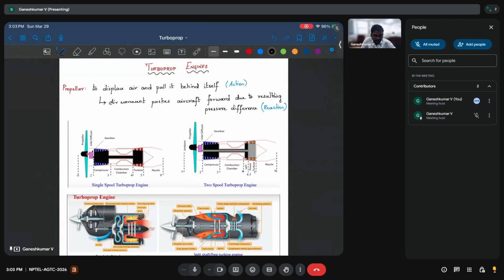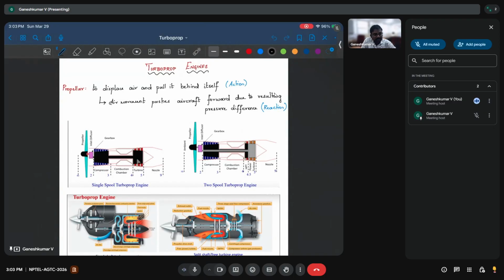Typically you have a single spool turboprop engine or a dual spool turboprop engine. In a single spool, as the name says, you have the turbine, compressor, and the propeller on the same spool. In fact, there will be a gearbox between the compressor and the propeller.